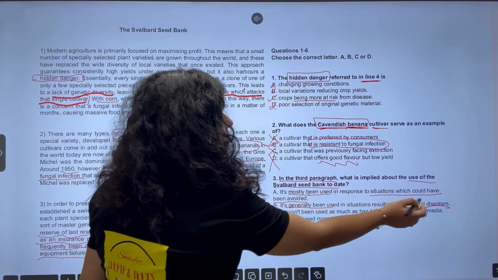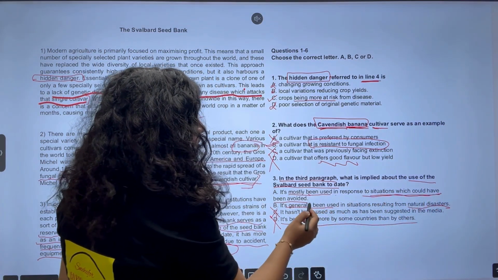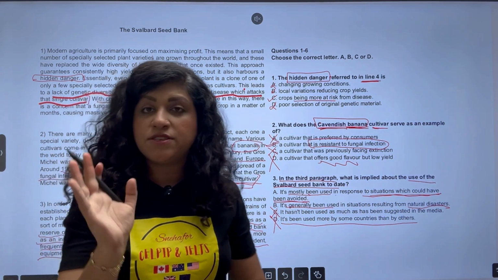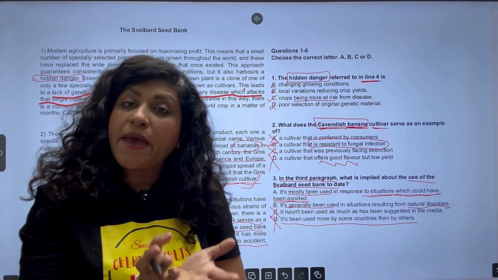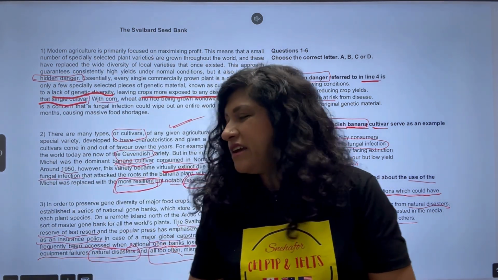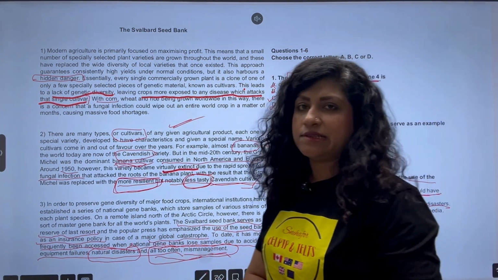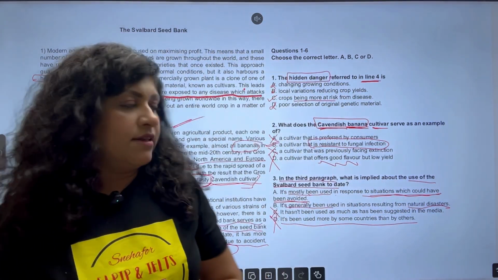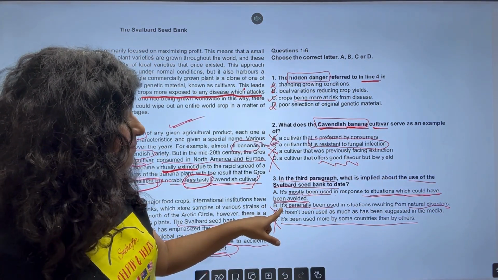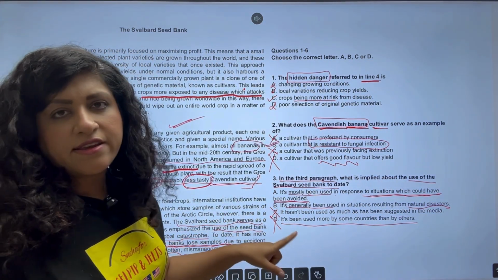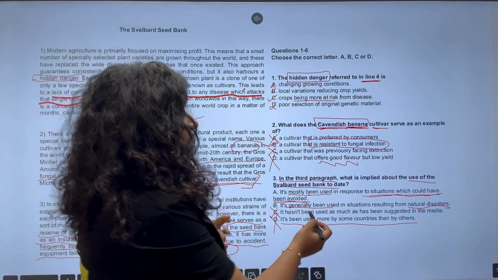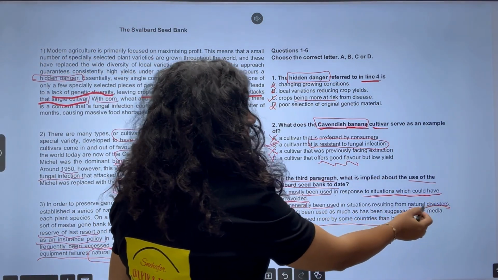Mostly being used in response to situations which could have been avoided. Mismanagement, a situation that could have been avoided. It's paraphrasing. And it clearly says so. All too often mismanagement. Right? Now, if I look at option number B, why option B is incorrect is because it only says generally used in natural disasters.